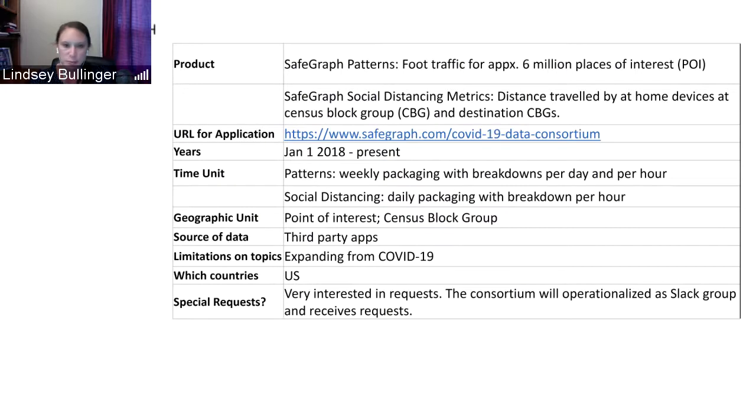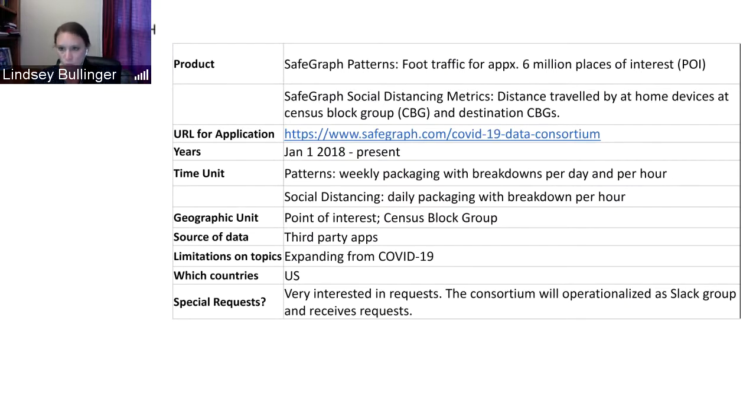So, for example, if somebody wanted to know how many people were going to the gas station on 5th Street or Spring Street or the McDonald's on a different street, this database would provide the number of devices that were visiting that particular location. The second database is the social distancing metrics, and these data have been provided to the research community during the COVID pandemic so that researchers can study various social distancing questions.